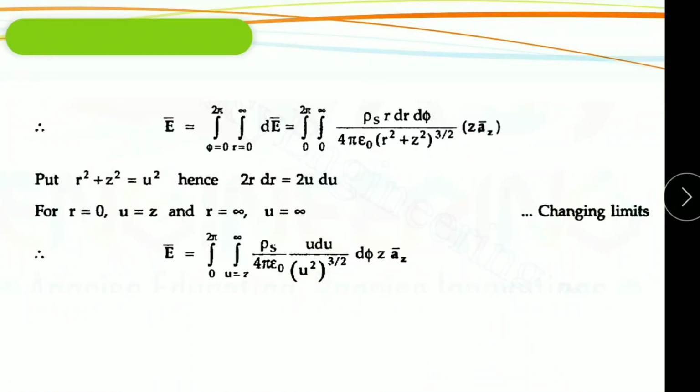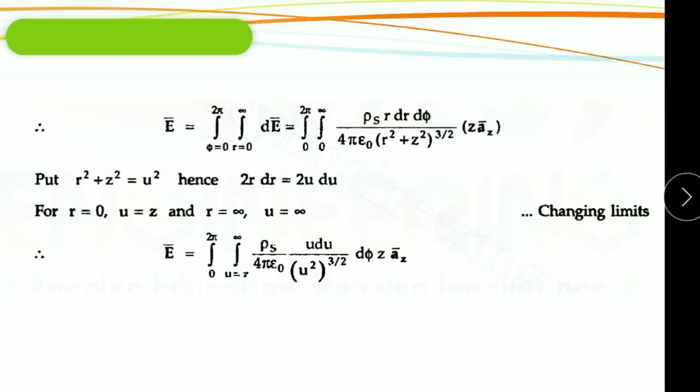In the denominator, r square plus z square is replaced by u square, so u square whole power 3 by 2. So the important point here is the replacement of r dr by u du.